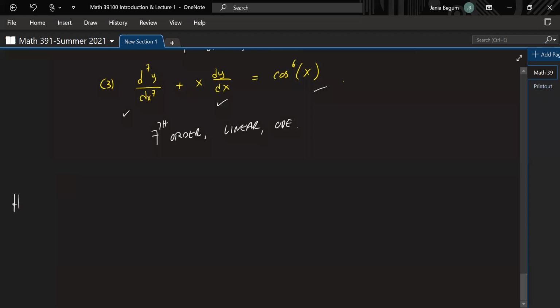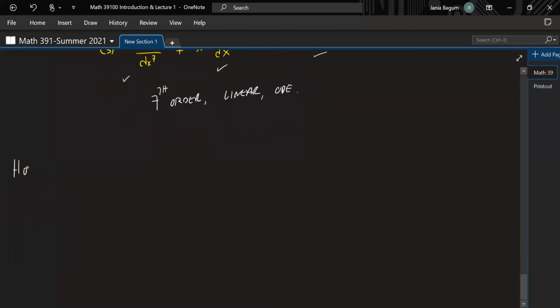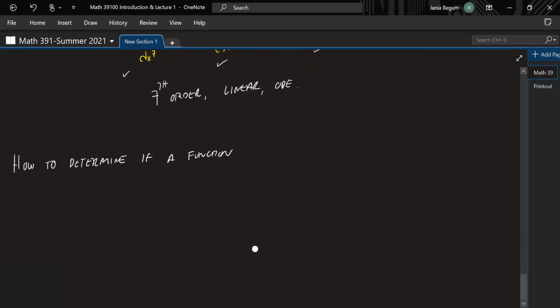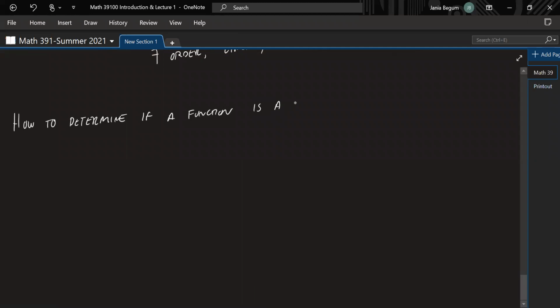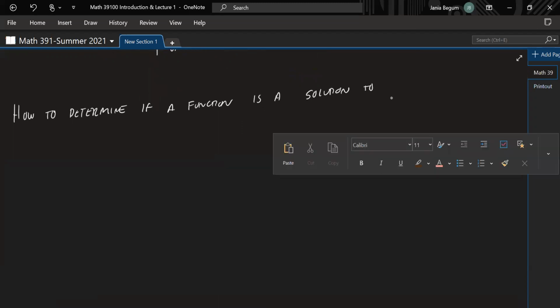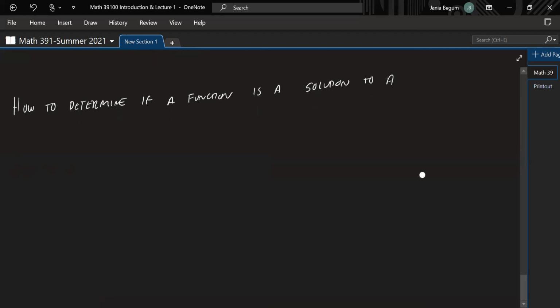So we want to know how to determine if a function is a solution to a differential equation.